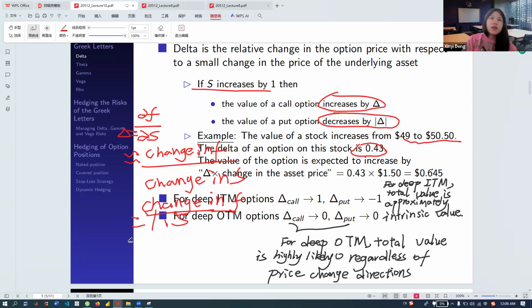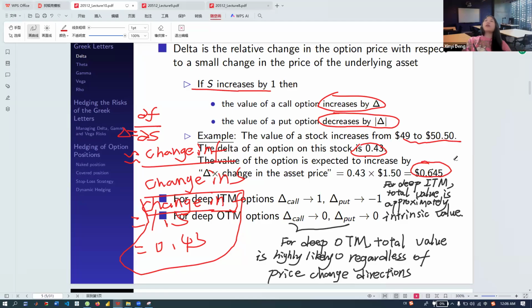If you take this equation, you can solve for the change in F. 0.43 times 1.5, and it turns out that if you do the calculation, that's equal to 0.645. So that's the change in your option price.